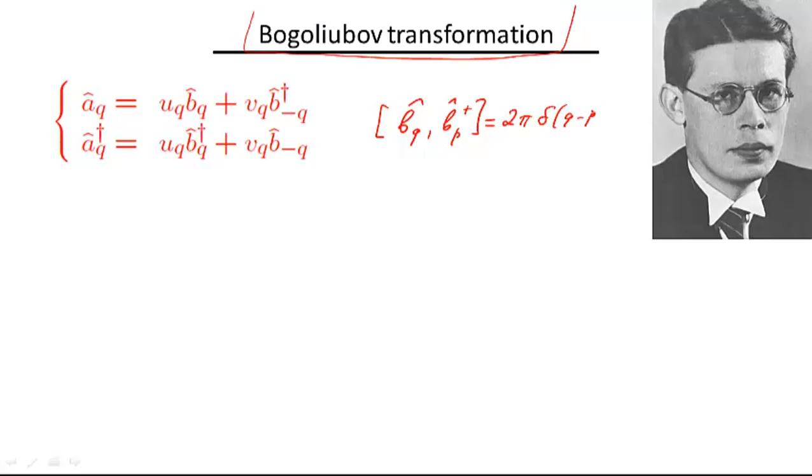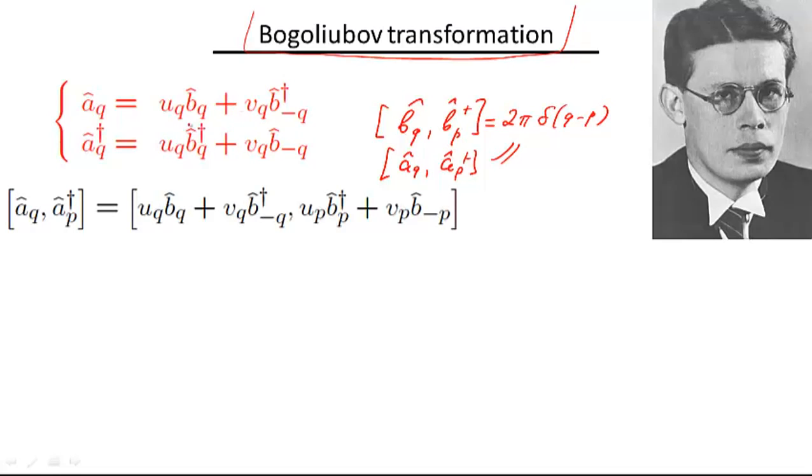This is what I'm looking for. The reason I call a and a dagger creation and annihilation operators was that they satisfy this relation. Now I want the new operators, which are a linear combination of those, to satisfy the same commutation relation. This will involve a calculation which will result in a constraint on the coefficients u and v.